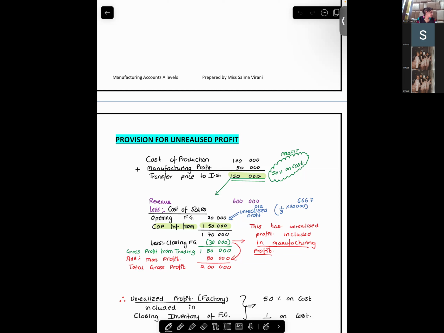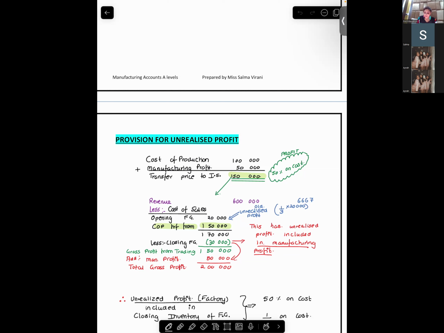You get the factory profit after you compare it to the market price. Say for example, you have produced the goods in the factory for 100,000. This is the PCCG, or I would say this is the production cost for completed goods.